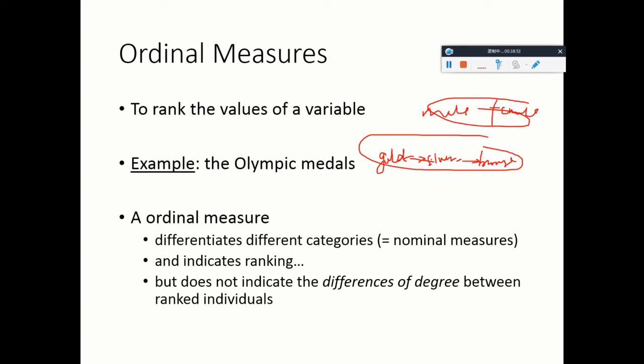But there's a very important point that we would like to make here. Even though an ordinal measure can indicate ranking, the ranking does not contain any information about what we call differences of degree, or the extent to which they're different.